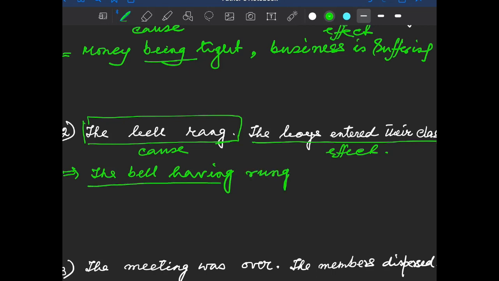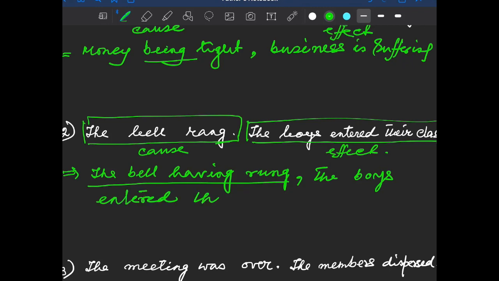This is the absolute phrase. The bell is the absolute nominative, the nominative absolute, the bell having rung, comma. And write the rest of the sentences, the second sentence as it is. The boys entered their class. The bell having rung, the boys entered their class.